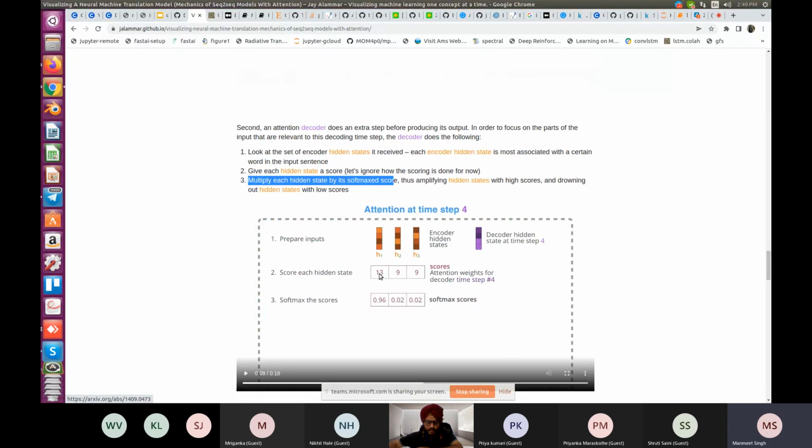You take e to the power of 13, e to the power of 9, e to the power of 9, compute the sum, and then you compute the softmax of the scores. So you get 0.96 probability, or softmax value, for this hidden state. This amplifies the hidden states with high scores and drowns out hidden states with low scores.